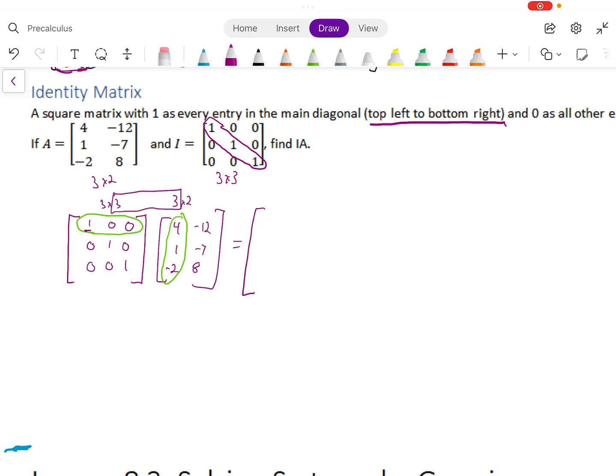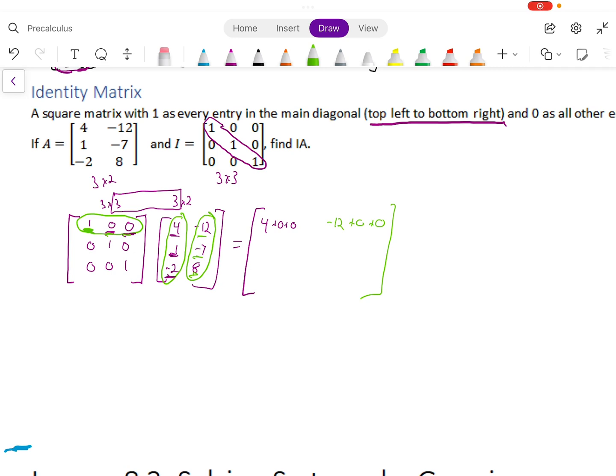1 times 4 is 4. Well, we have 0, so 0 times 1 is 0, and 0 times negative 2 is 0. So we just have 4. All right, let's go first row with second column. Well, we have 1 times negative 12 is negative 12. 0 times negative 7 is 0, and 0 times 8 is 0.